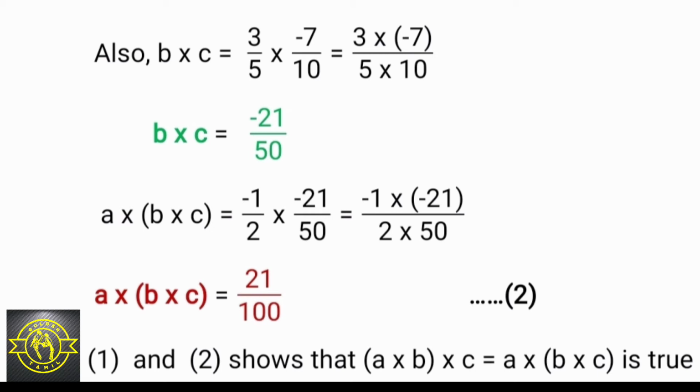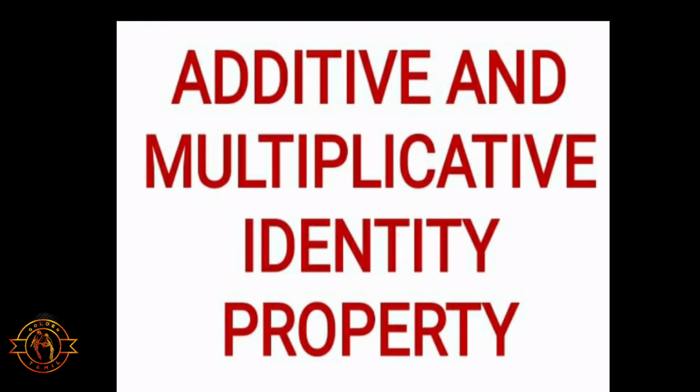Looking at the first and second equation, we can see that (a into b) into c is equal to a into (b into c). That is, multiplication is associative for rational numbers. And next we are going to see additive and multiplicative identity property.